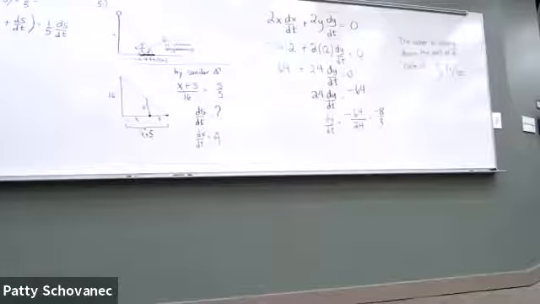So what that's telling me is the position of the boy from the light pole has no bearing, just how fast he's walking changes the size of the shadow. He's walking at a rate of 4 feet per second. So this number is 4, and we've got to solve for ds/dt.